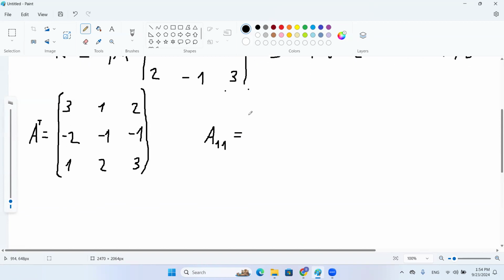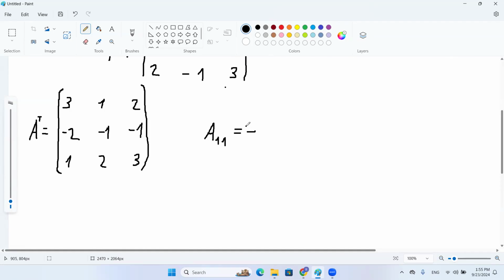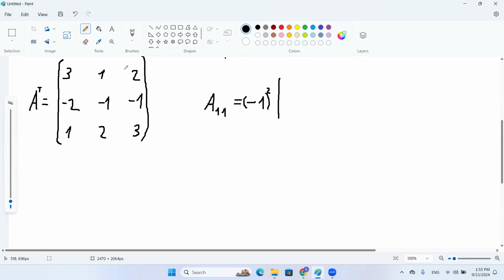So it will be -1 to the power of 2, because 1 plus 1 is 2. And then the square. So we look at this matrix now: -1, 2 in the first column, and -1, 3 in the second.